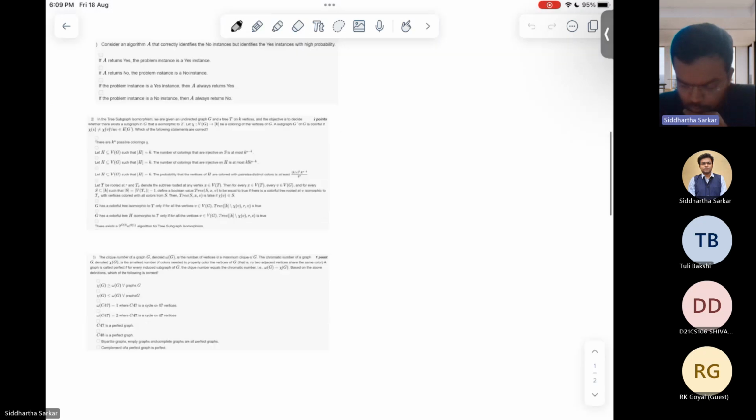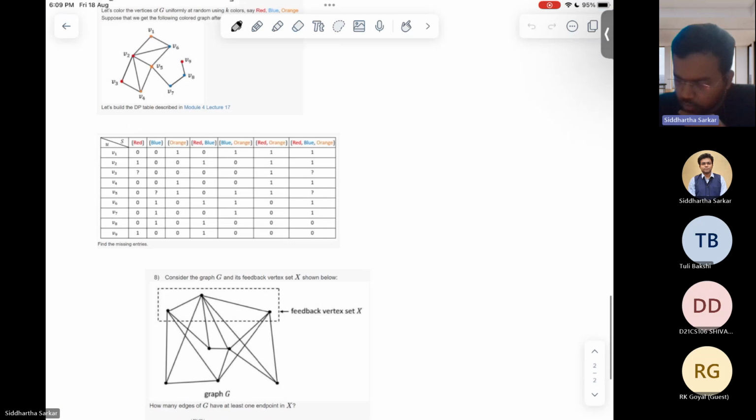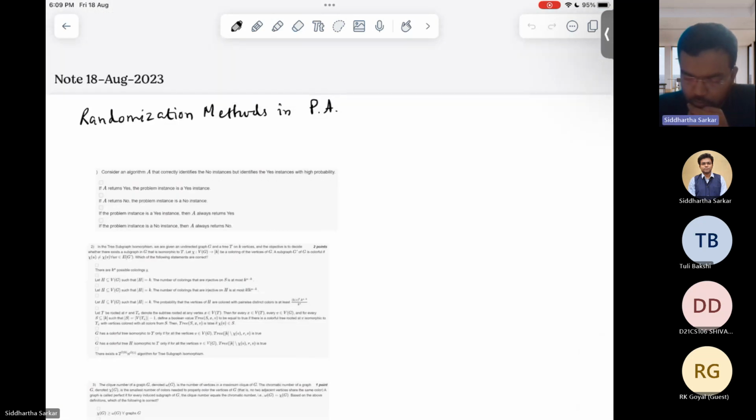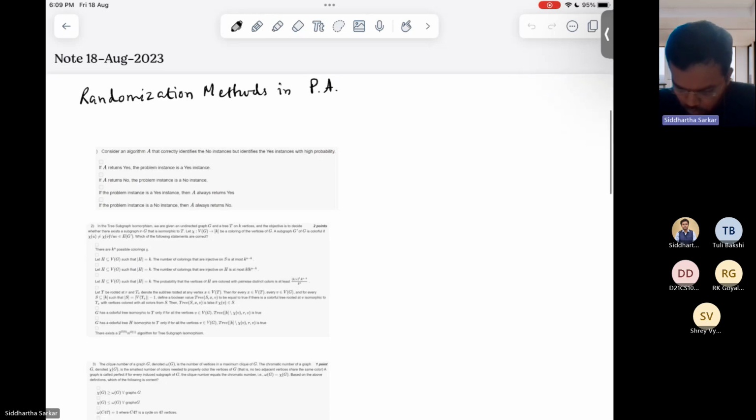These are some sample problems which I have picked from the previous year's offering. We'll solve these questions, and I hope that solving these questions will help you solve the questions asked in assignment 4. So these are related questions. Let's go to these questions.